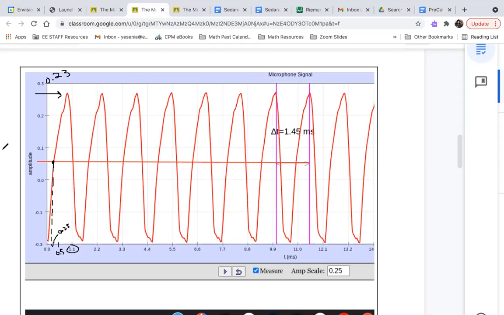Yeah, perfect. So in 1 second, this is 1 second, not a 15, it's an S. There are 1,000 milliseconds. Perfect. So we're going to use this to multiply and change the unit. So what was your millisecond period?